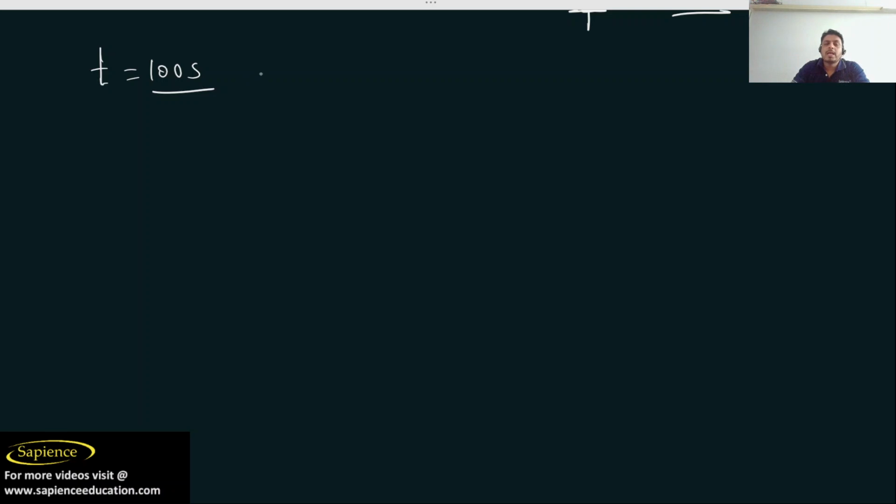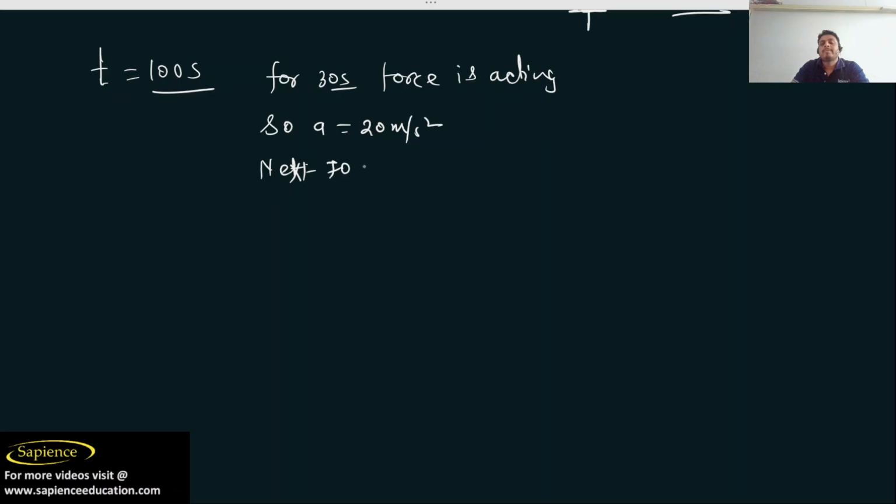As we know, for 30 seconds force is acting, so acceleration will be 20 meter per second square. But for the next 70 seconds, no force is acting, so acceleration will be 0.